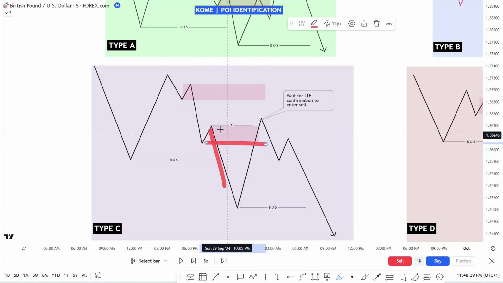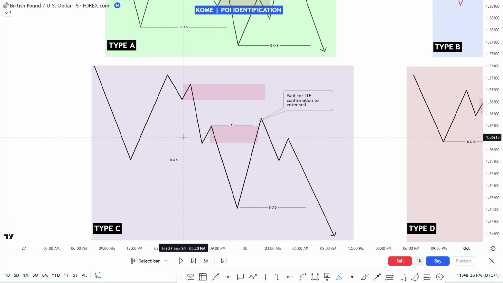Most of you will now say, oh, it has a fair value gap, it has imbalance, so let me look for my sells. No, that's not it. The fact that it has imbalance does not make it valid. The fact that it has a lot of volume does not make it valid. I know that most ICT students want to disagree, but I'm telling you, as one who has about 5 years plus experience in this, I know exactly what I'm talking about.